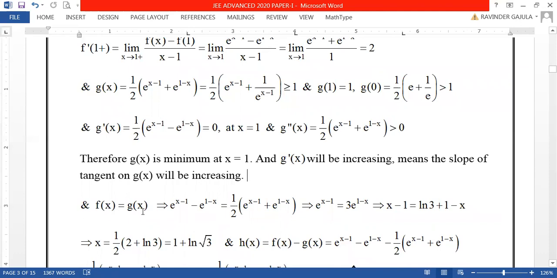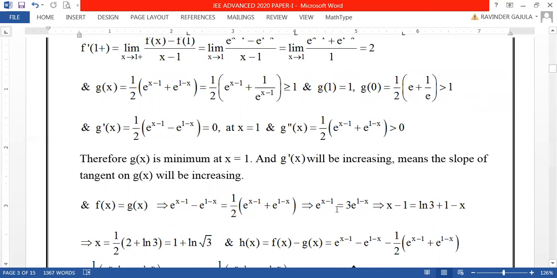And f of x equal to g of x, what happens? We are verifying whether they are intersecting or not. That is also one point to be known. For that, I am equating f of x and g of x. So when these are equal, I have e power x minus 1 minus e power 1 minus x equal to this one.